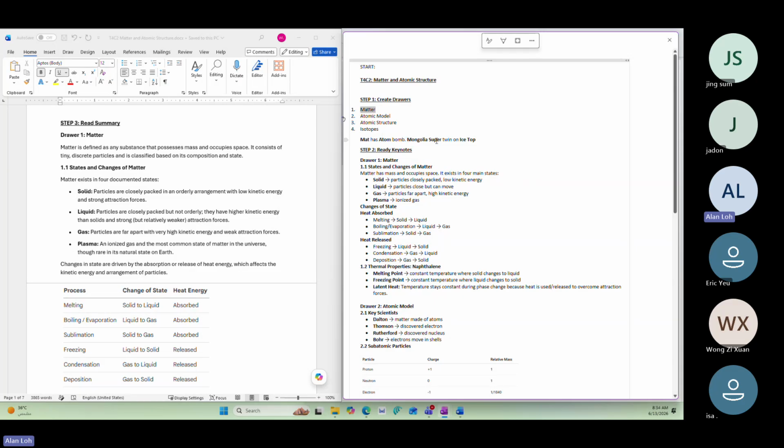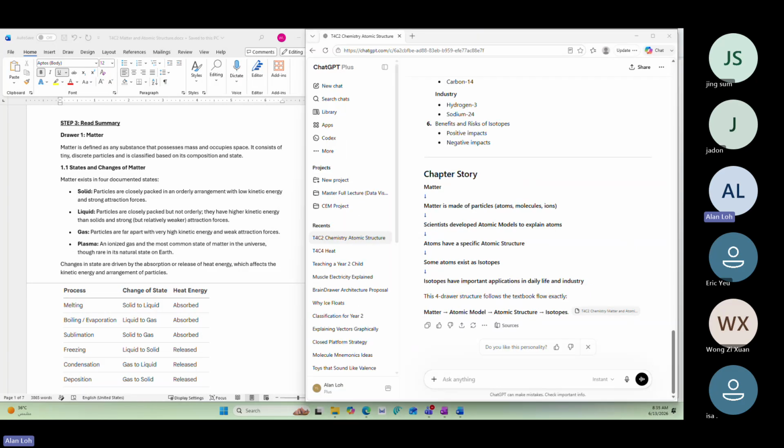Mongolia super twin is linked to model and structure. So there's an atomic structure, there's an atomic model. Then isotope sounds like iStop, right? So Matt has an atom bomb, and then there is this super twin from Mongolia on the iStop. I'm going to show you the video.